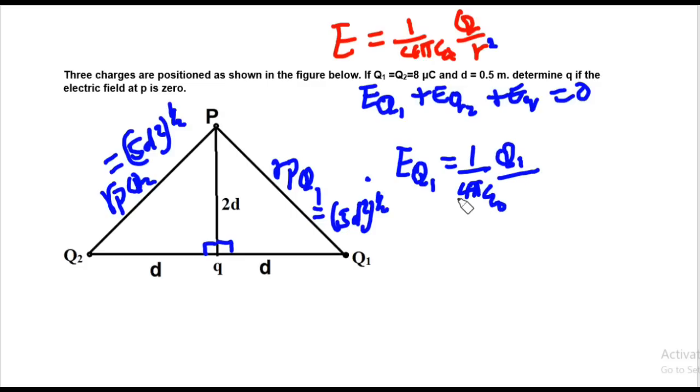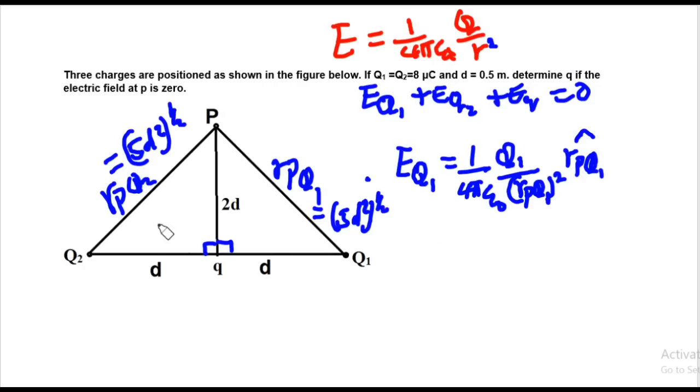The distance along Q1 we denote as RPQ1. Then we square it, and the unit vector in this direction will be RPQ1 hat.